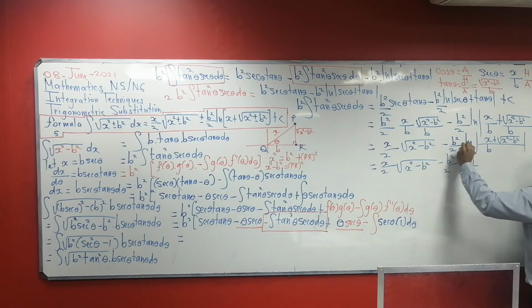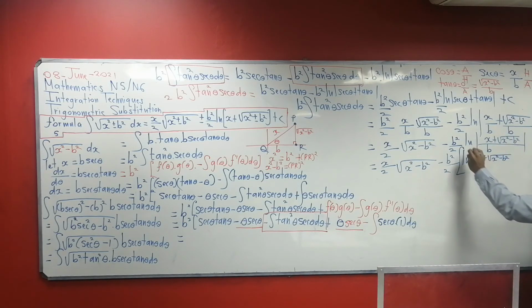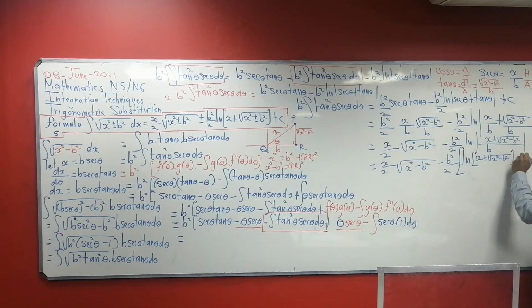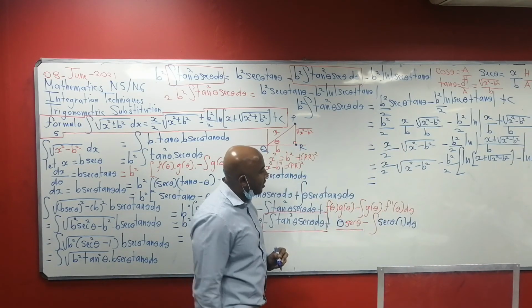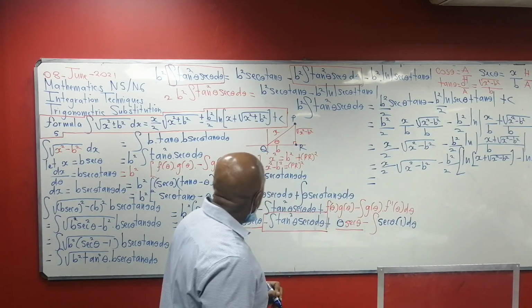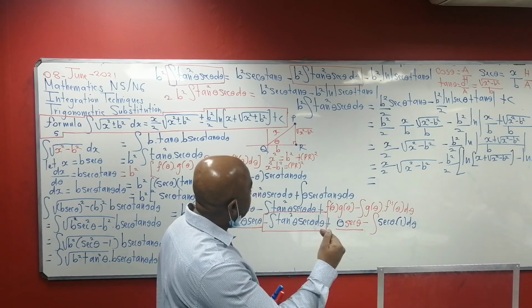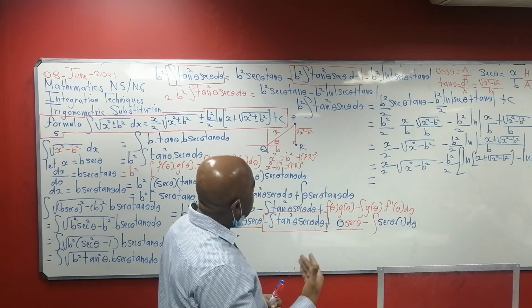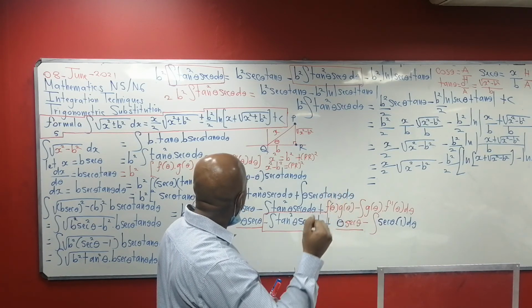So that's ln of x plus the square root of x squared minus b squared, minus ln of b. Let me see if that will work. If I remove the brackets, I got my x plus the square root of x squared minus b squared all divided by b there. Sec was x over b, and tan was the square root of x squared minus b squared all over b.